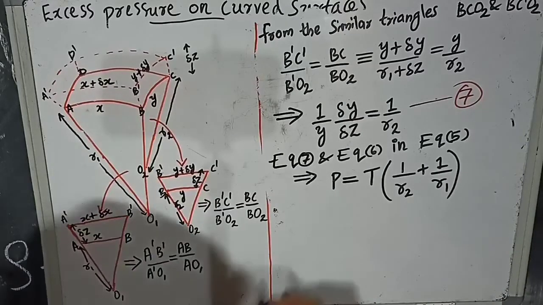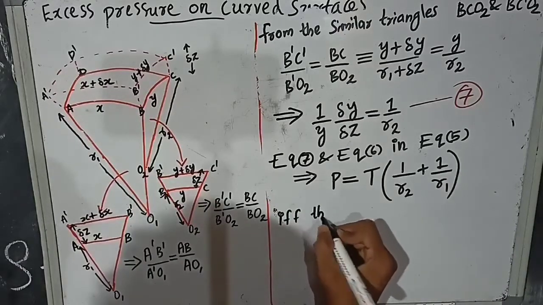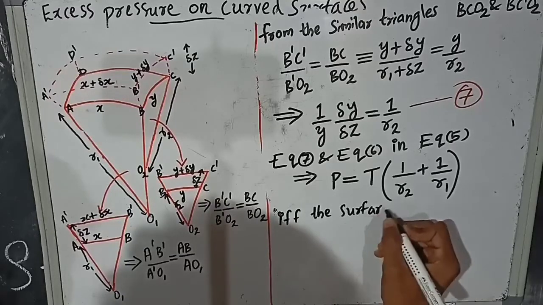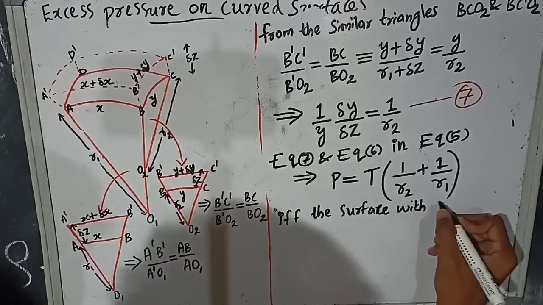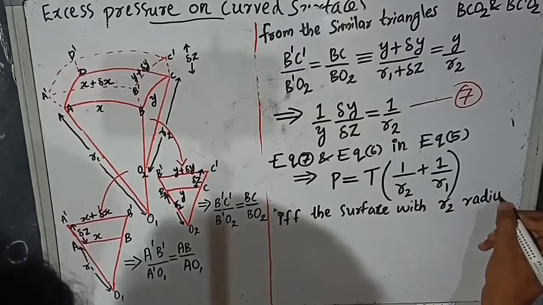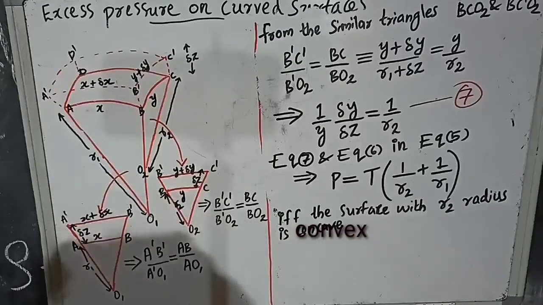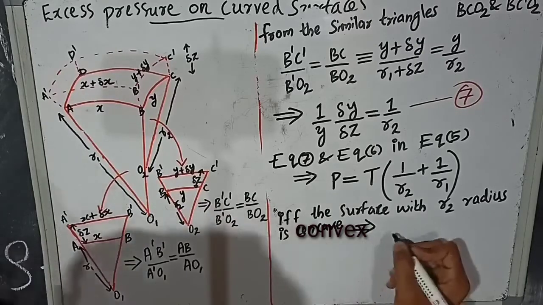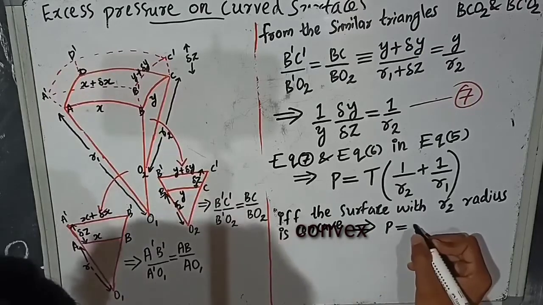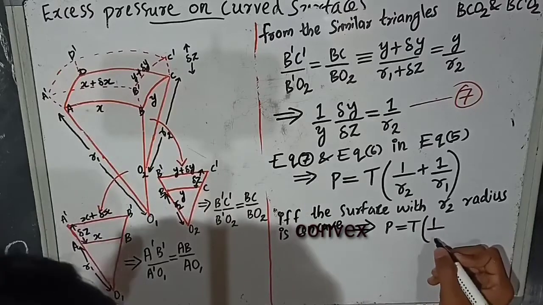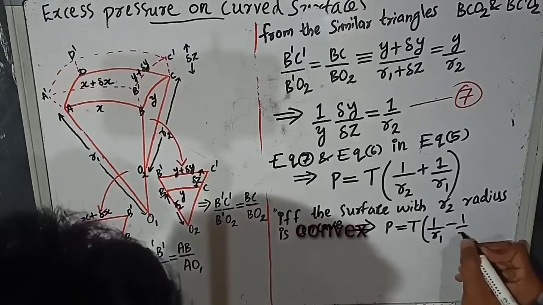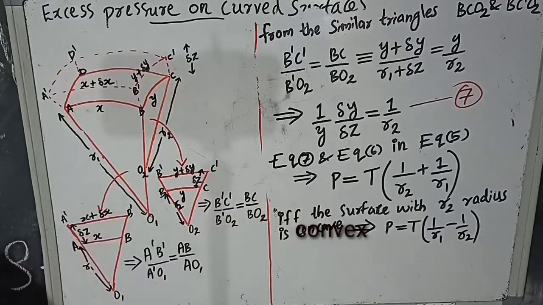Let us take a little more general case. Suppose the surface with the radius R2 is convex, what happens? If it is convex, it has a negative radius compared to the concave side. So the excess pressure P can be written as T times 1 over R1 minus 1 over R2.